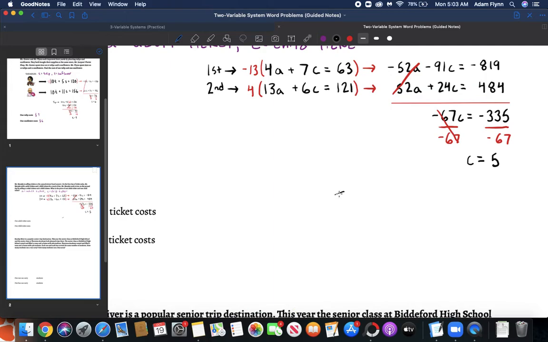So I've got 4a plus 6, and instead of c, I'm going to plug in a 5, equals 63. So if I simplify, I have 4a plus 30 equals 63. I can subtract 30 on both sides.